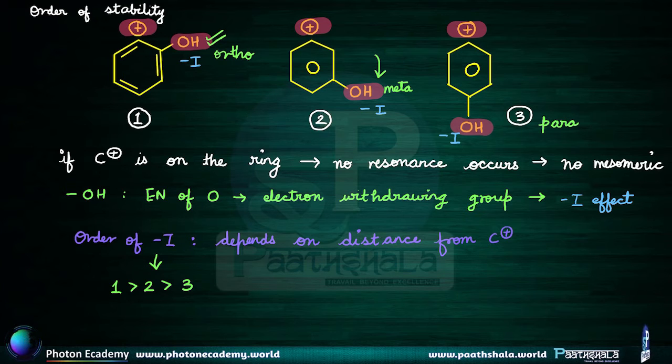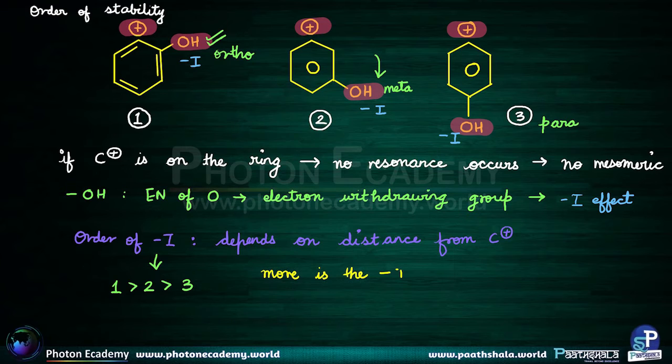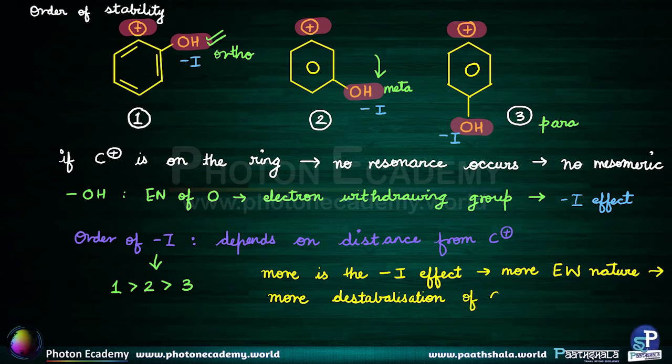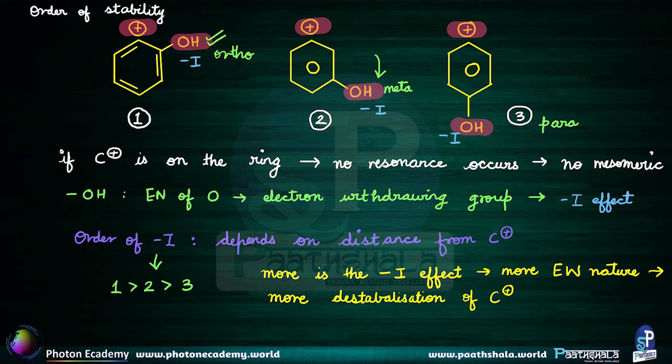And we know for a fact that the more the minus I effect, the more the electron withdrawing nature, and thus the more the destabilization of the carbocation. The nearer the OH is to the carbocation, the more the electron withdrawing nature, and hence the more the destabilization of the carbocation.